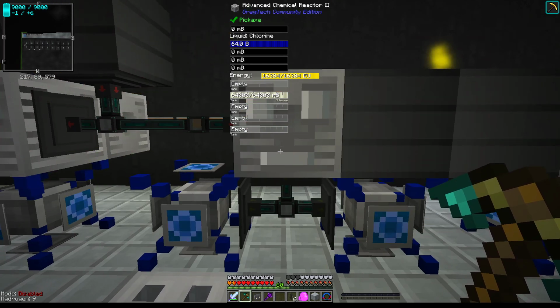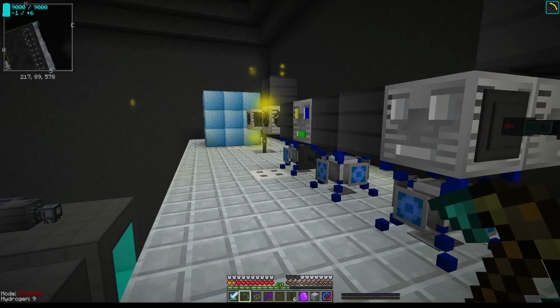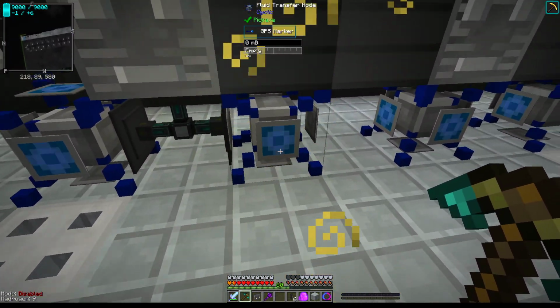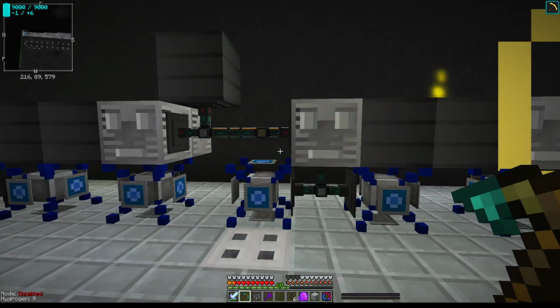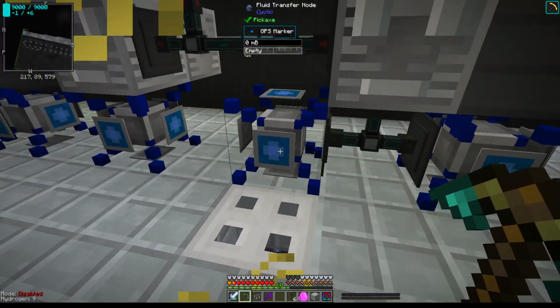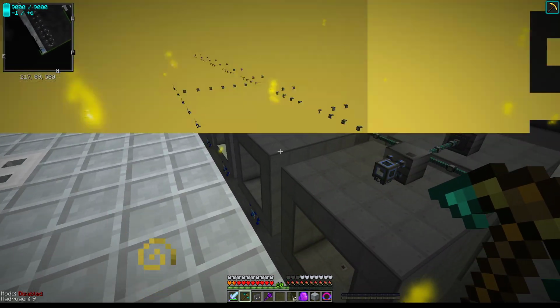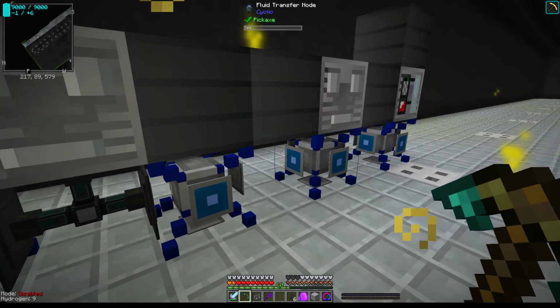This system is set up similar to the ethylene system in that there is an overflow of hydrochloric acid that goes into the main line, so if it ever fills up, it gets trashed. The vinyl chloride is what's going to stop the system. And if the tank ever fills, this whole system will shut off.